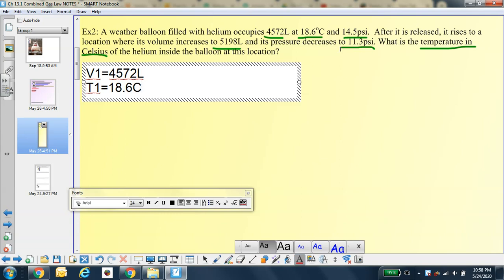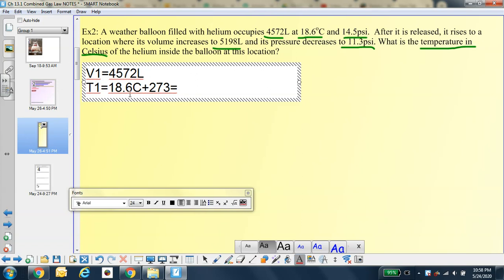18.6 Celsius, but we can't have it in Celsius. We have to convert it into Kelvin by adding 273. Even at the end, we're going to have to reconvert back into Celsius, but you have to follow the rules.